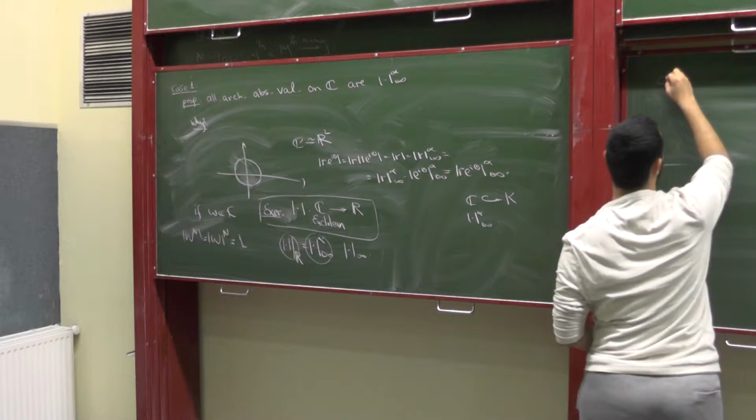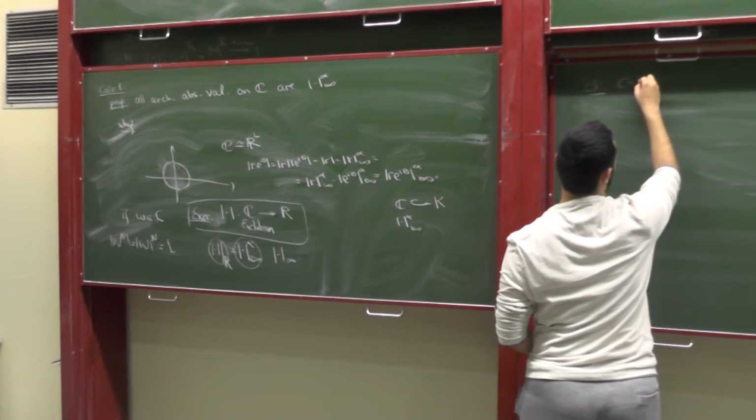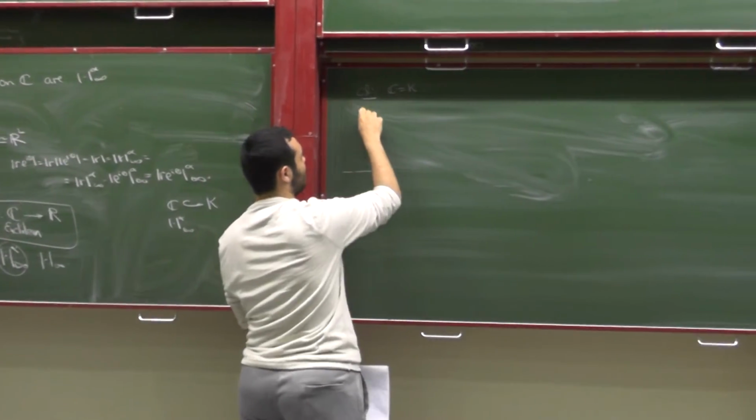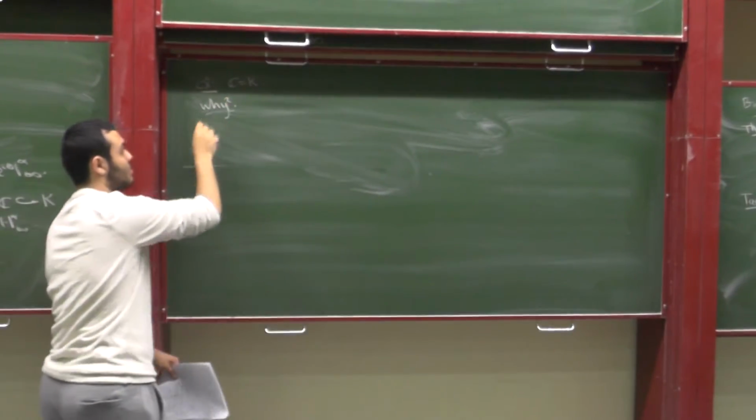So claim: C is K. Why? Well, this is a bit tricky, I admit.